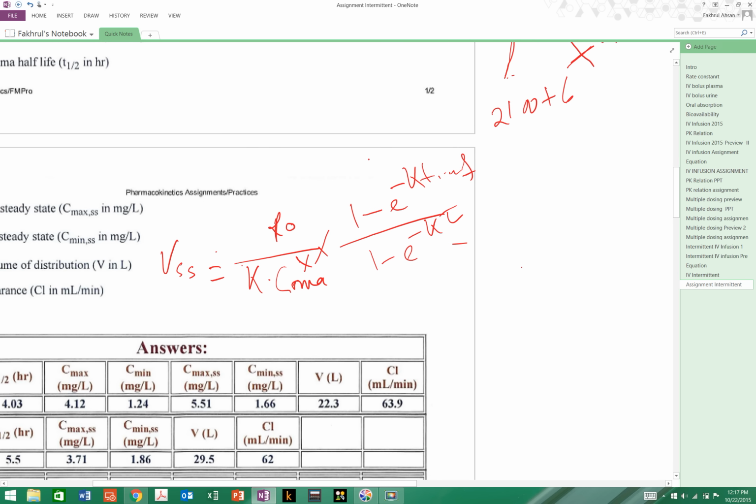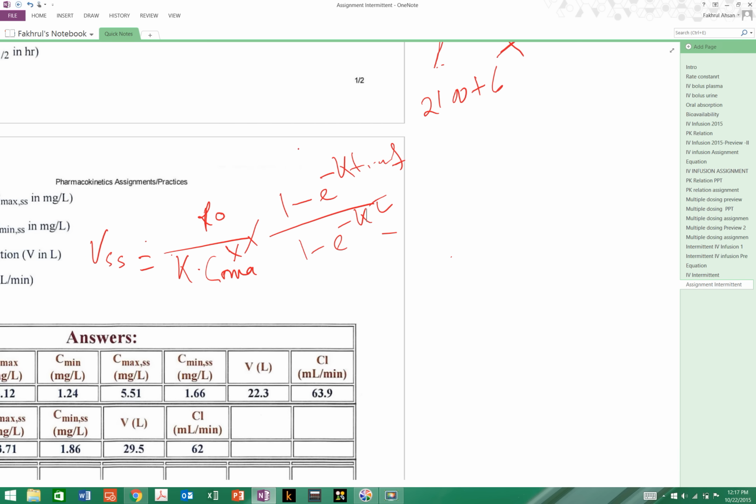So for this we have to do again some little calculation. We have to find out the infusion rate. Here infusion is given at 60 milligram per half an hour. So you have to calculate, it is 120 per hour.